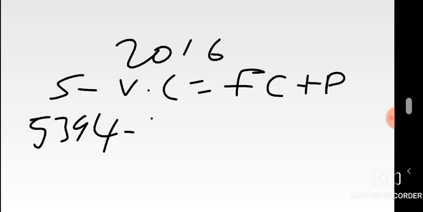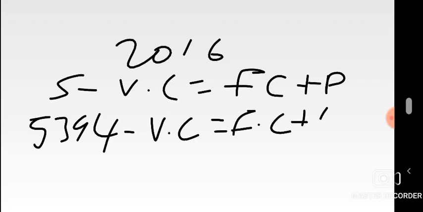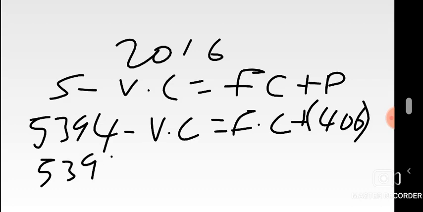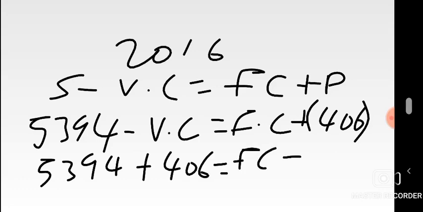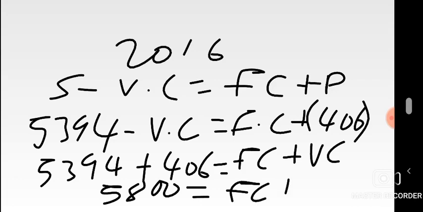We don't know variable cost again, we don't know fixed costs, profit 406 in brackets, cross the equal sign. 5394 plus 406 equal to fixed costs. The variable cost crosses the equal sign. We have 58 this side equal to fixed plus VC.